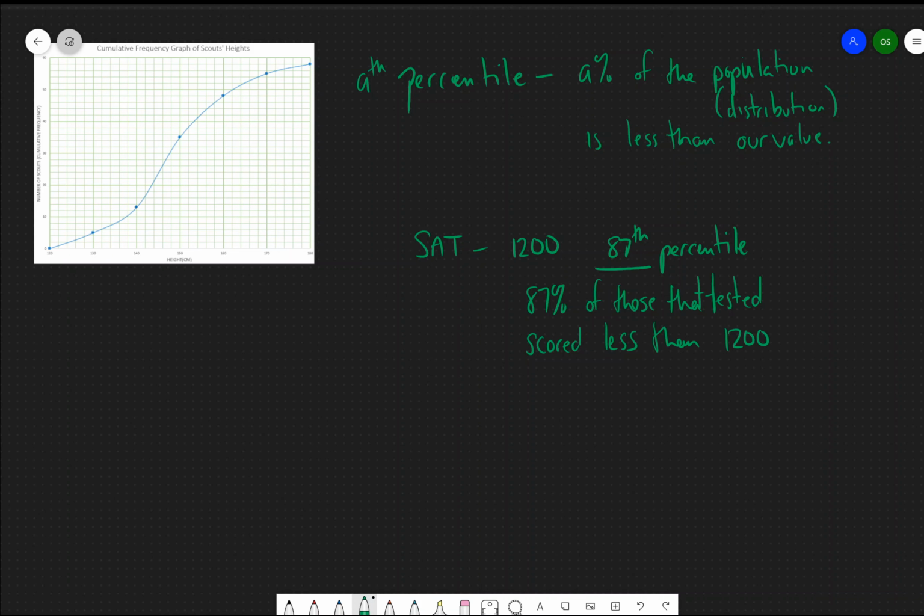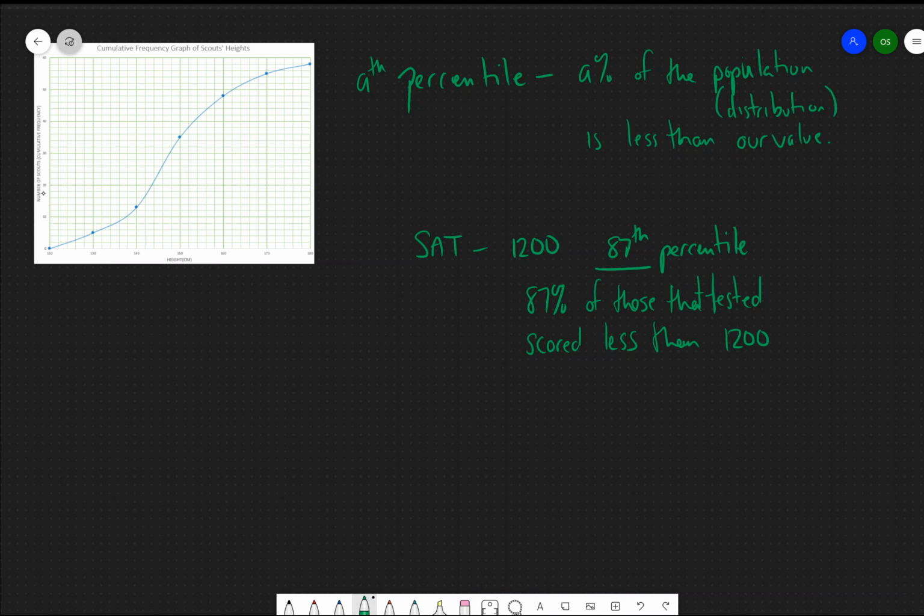Now, a graph that helps us to look at percentiles in a distribution is what we call a cumulative frequency graph. So off to the left here, I have an example of a cumulative frequency graph. This graph is measuring scouts' heights. We have a bunch of Boy Scouts, and we measured their heights.